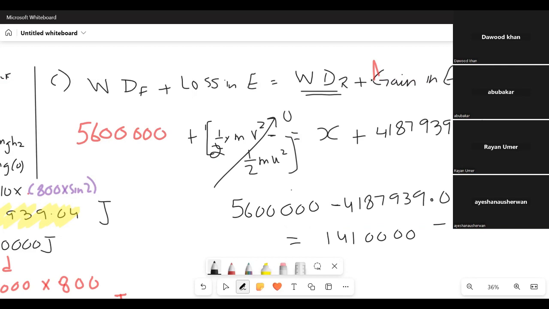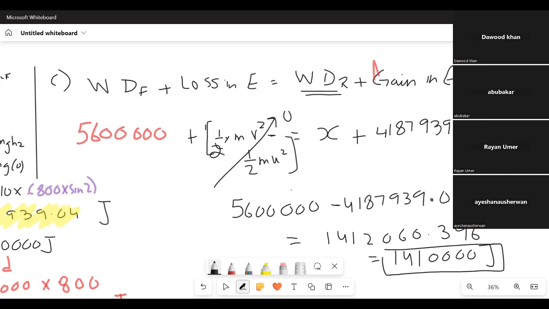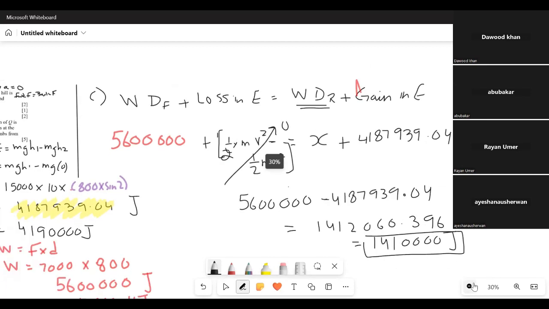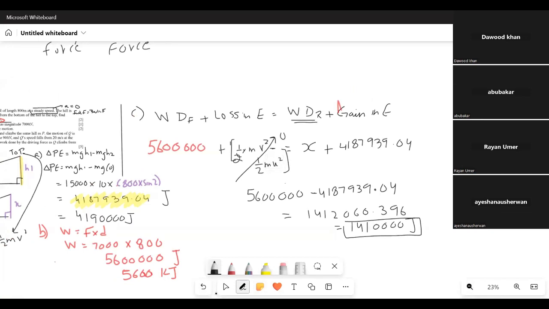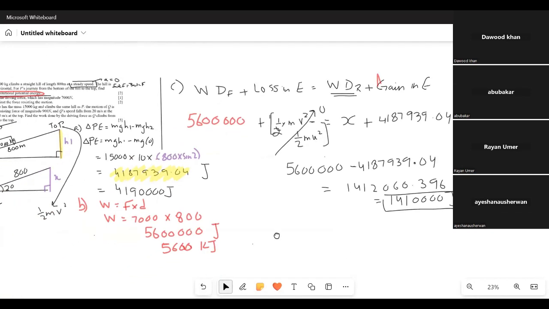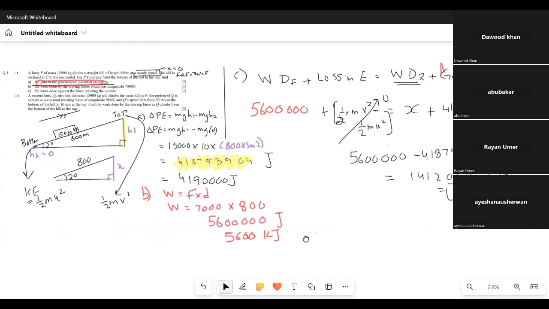After rounding, बल्कि before rounding, let me write that answer. 141,2,060.396, which gives 141 and then 4 zeros. Joules. This was part C of part 1.